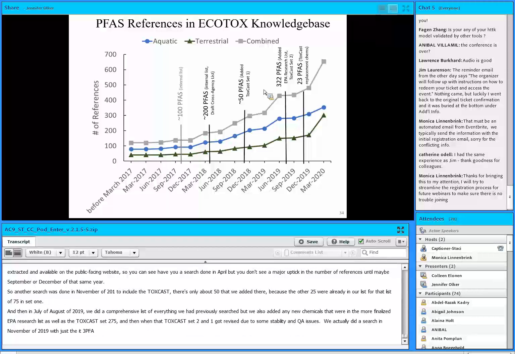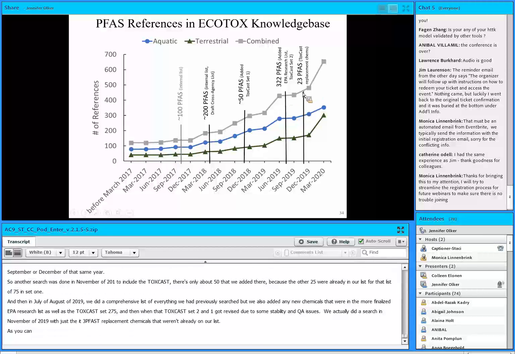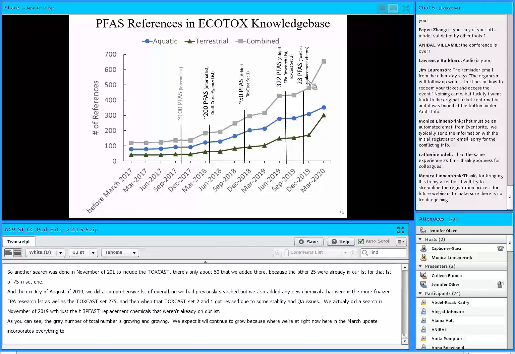As you can see, this gray number of the total number of references is growing and growing. We expect it will continue to grow because where we're at right now here in the March update incorporates everything to this date, though we always have about 30 papers that we haven't gotten to yet.